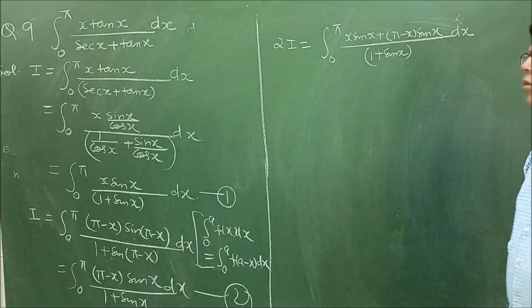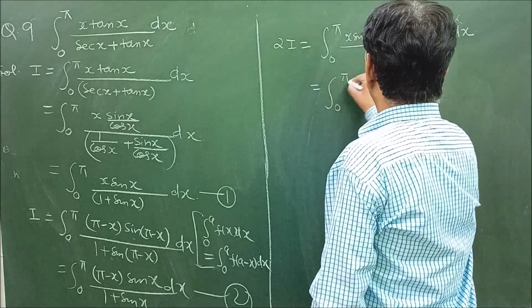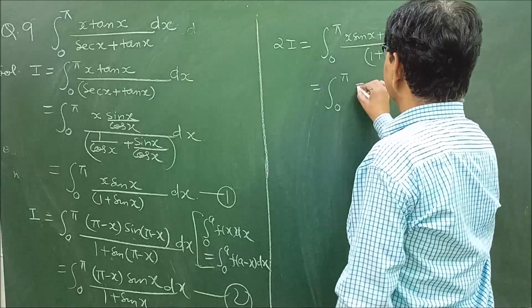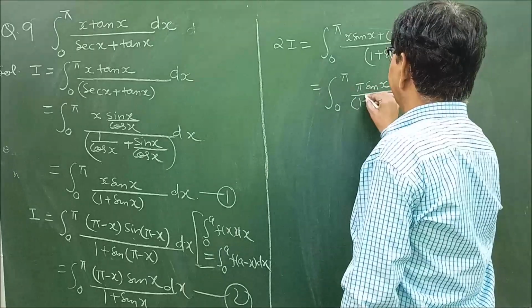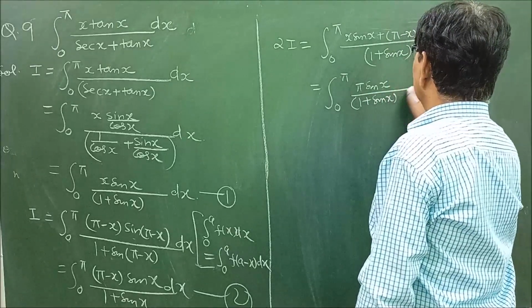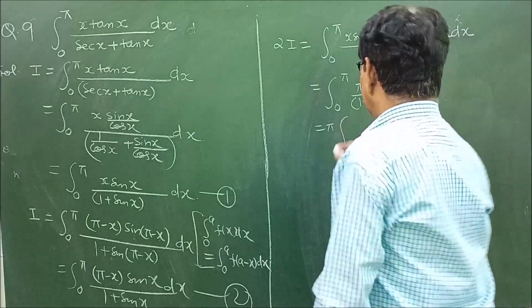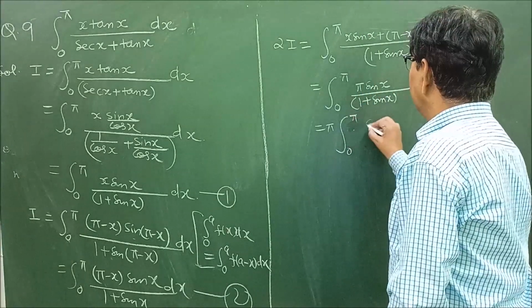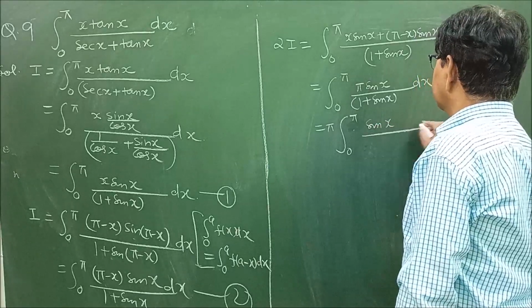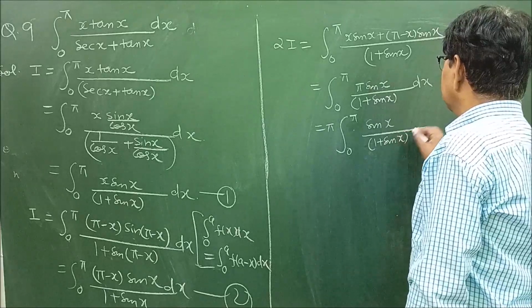This is equal to 0 to pi, and this x sin x gets cancelled. Pi sin x upon 1 plus sin x dx. Now pi is a constant, it can be taken out of the integral. Pi times 0 to pi sin x upon 1 plus sin x dx.